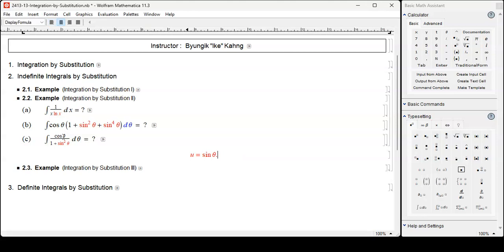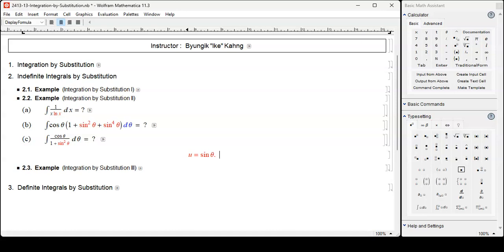The reason is because of this cosine. The derivative is present. If you take 1 plus sine squared, the entire denominator, and work it out, well, be my guest. Try. If you take the derivative of that, you get 2 sine of theta times cosine of theta, and then some further algebra. It's not going to work out.